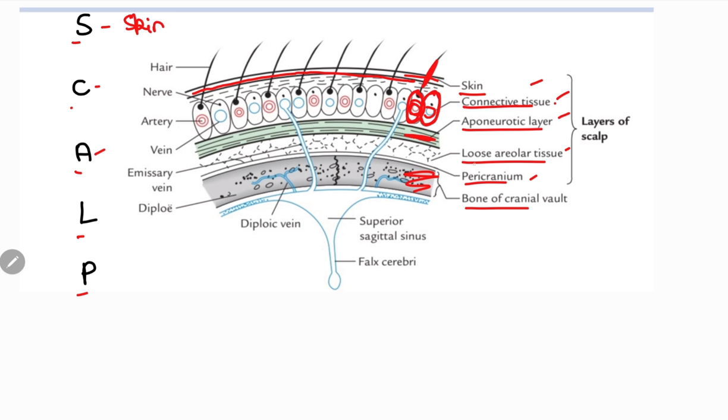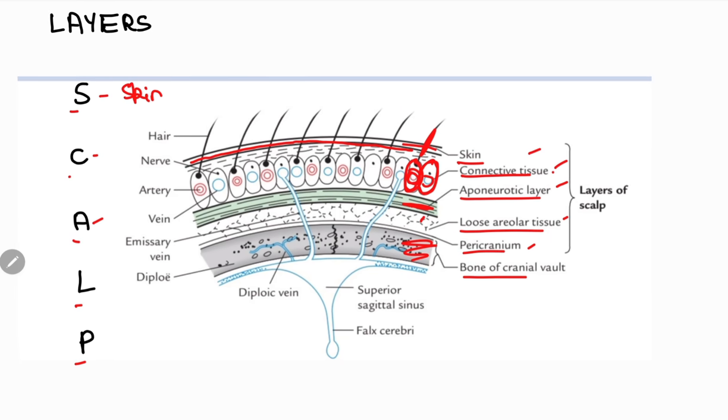Then loose areolar tissue, and next pericranium. Remember, scalp is simple, only 5 layers, but one wrong layer in the exam and marks bleed faster than the scalp. So make sure you remember them correctly by the mnemonic SCALP.